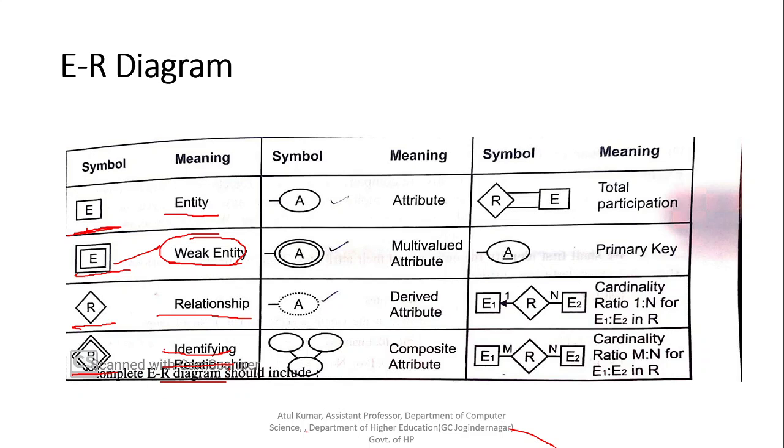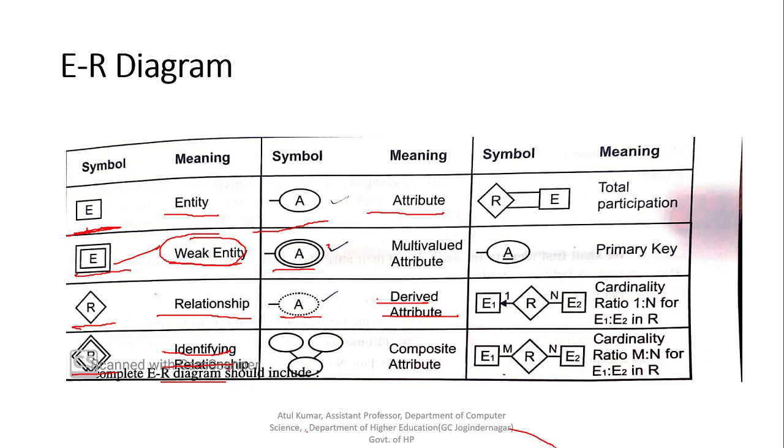Next we have an ellipse, and it is the representation of an attribute. Next we have a multi-valued attribute. To represent a multi-valued attribute we use a double ellipse. Next we have derived attributes, so a dotted ellipse is used to represent a derived attribute.